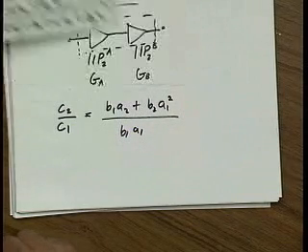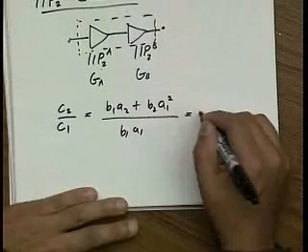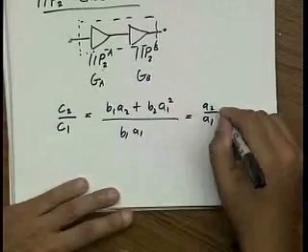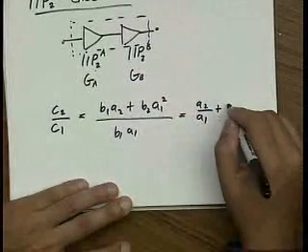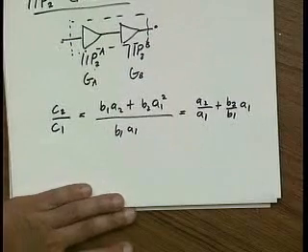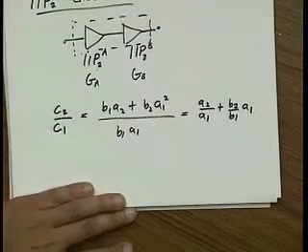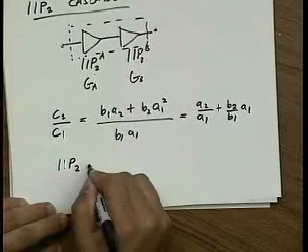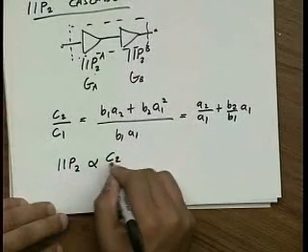Okay? I can just write this as A2 over A1 plus B2 over B1 times A1. And remember that the input IP2 power is proportional to C2 over C1.